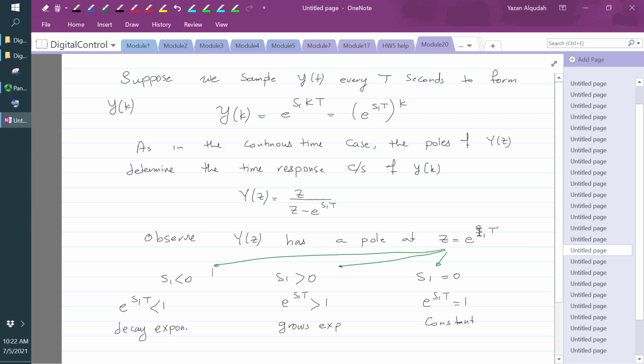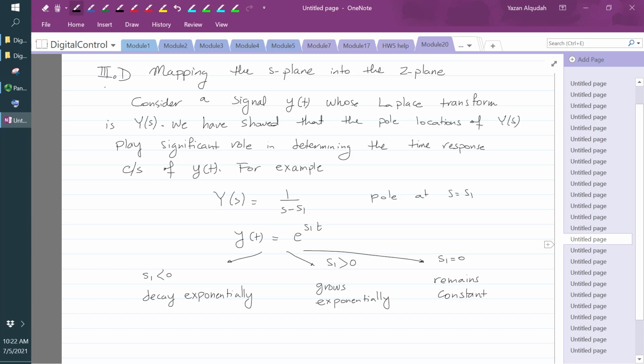Now, what happens if I take this response and I sample it every T seconds? I'm going to get the response of that system sampled every T seconds to give me y(k). y(k) is going to equal, this is small letter s1 multiplied by k multiplied by T. So again, this is y(t) equal to e to the s1 t.